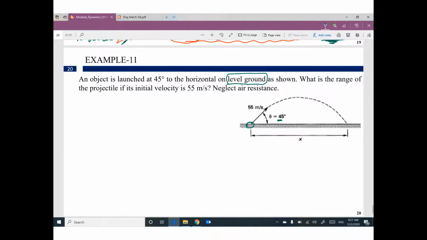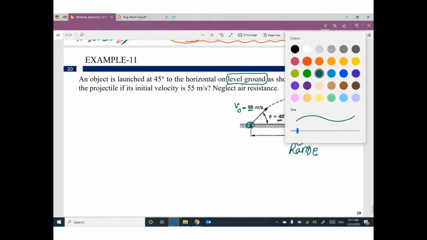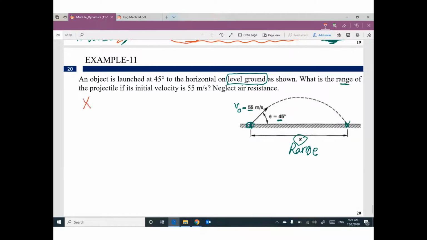So what is the range of the projectile if its initial velocity is 55? What is the range? Range means the horizontal distance x from the initial position to the final destination. So we are looking for the x distance.